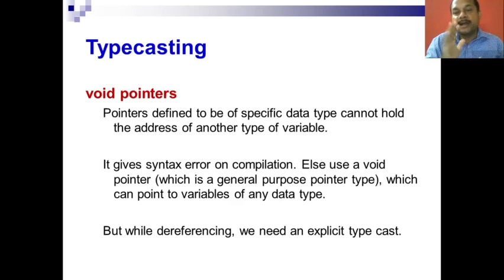Let us store the address for the time being. But when you are copying the address of a floating point variable to an integer pointer, then the information that this address is the address of a float is lost. Now it is an integer pointer, so it will assume that the address given to it is the address of an integer.